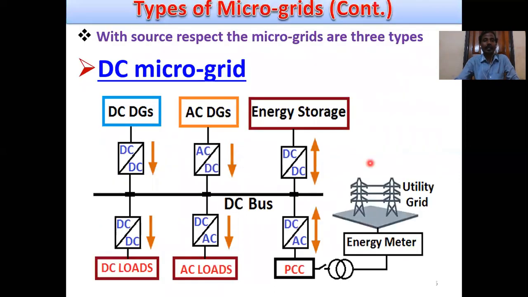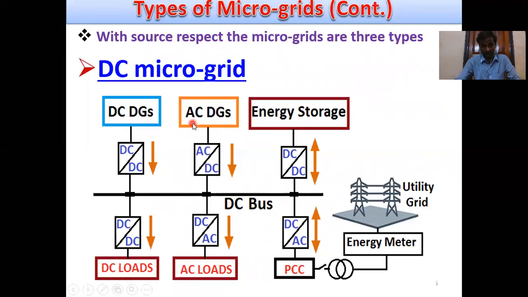And in another section we can discuss microgrids with respect to source. With respect to source, microgrids are mainly of three types. Number one, DC microgrids. This is the architecture of the DC microgrid system, where DGs are connected through a DC to DC converter to the DC bus.